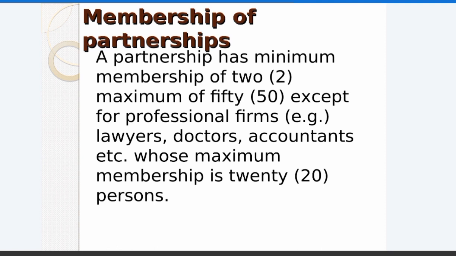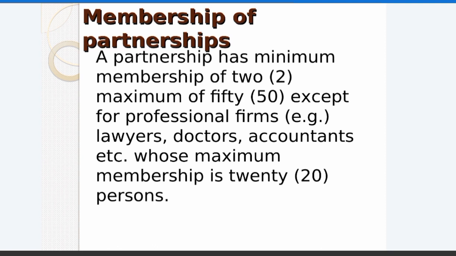So we have a minimum of two members, and a maximum will depend on the kind of partnership. If that kind of partnership is consisting of professionals, then it should have a maximum of 50, but otherwise it should have a maximum number of 20.